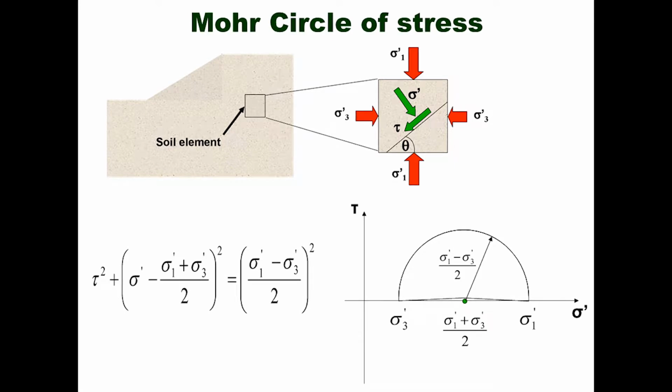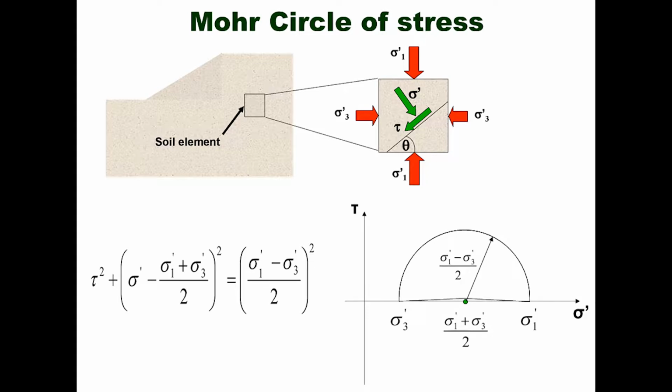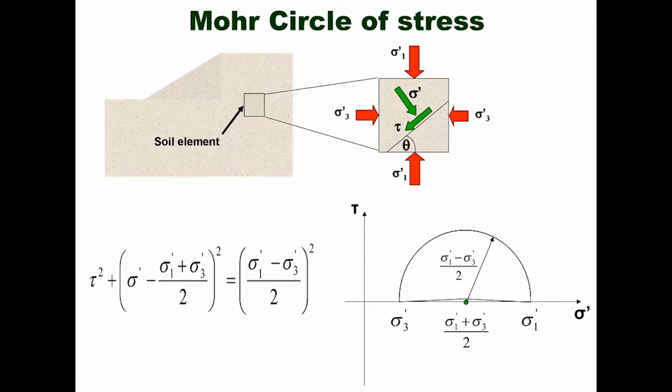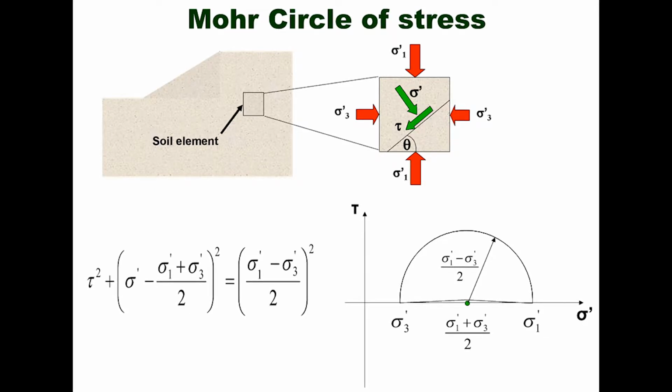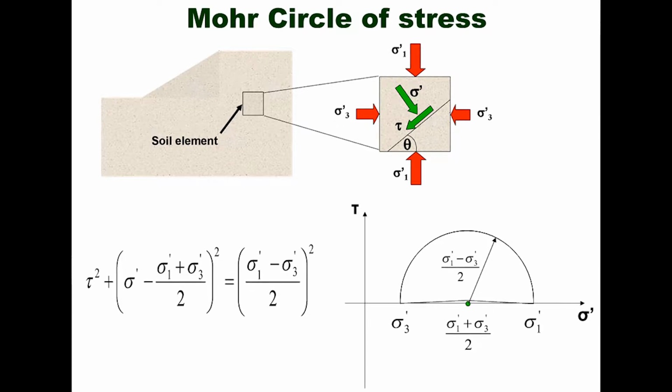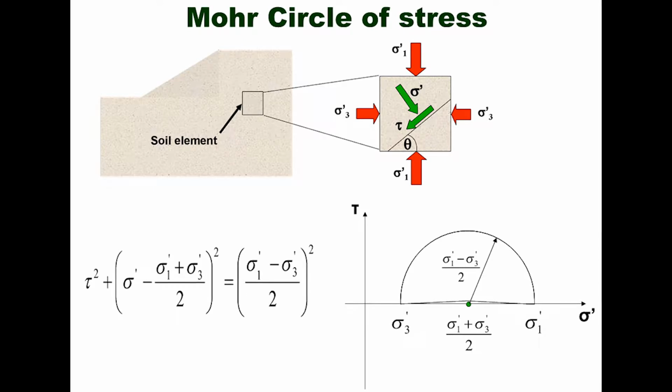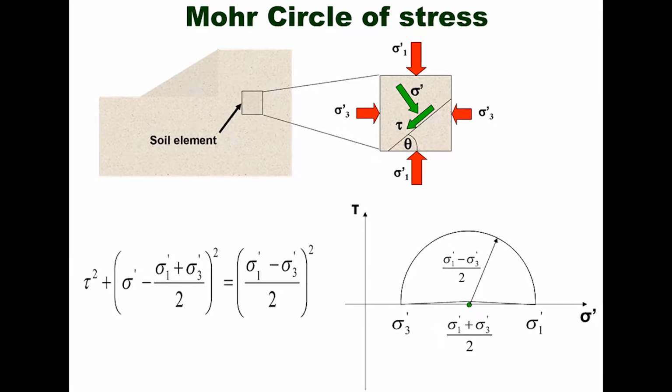On the sigma axis, the starting point of the circle is sigma 3 dash and the ending point is sigma 1 dash. The center is sigma 1 dash plus sigma 3 dash by 2, and the radius is sigma 1 dash minus sigma 3 dash by 2.